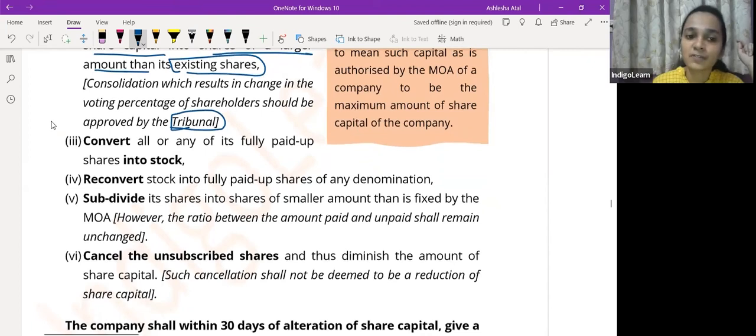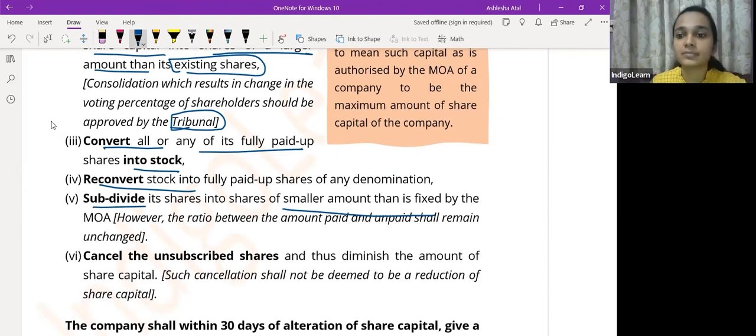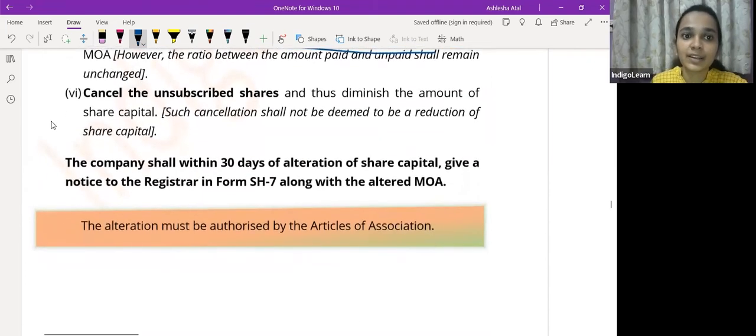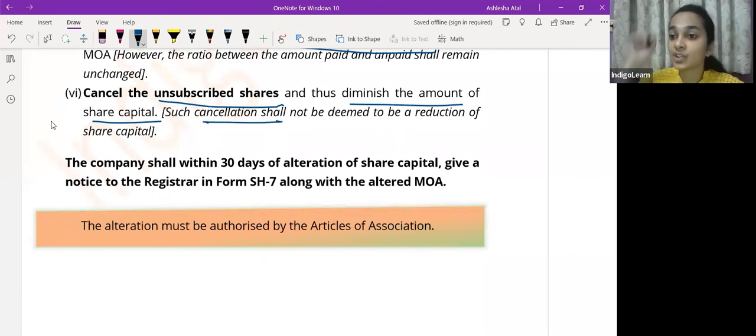The next way of alteration is conversion of all or any of its fully paid up shares into stock, or reconversion of stock into shares of any denomination, subdivision of shares into smaller amounts than what is fixed by the memorandum, then cancel the unsubscribed shares and thus diminish the amount of share capital. Cancellation is not reduction.